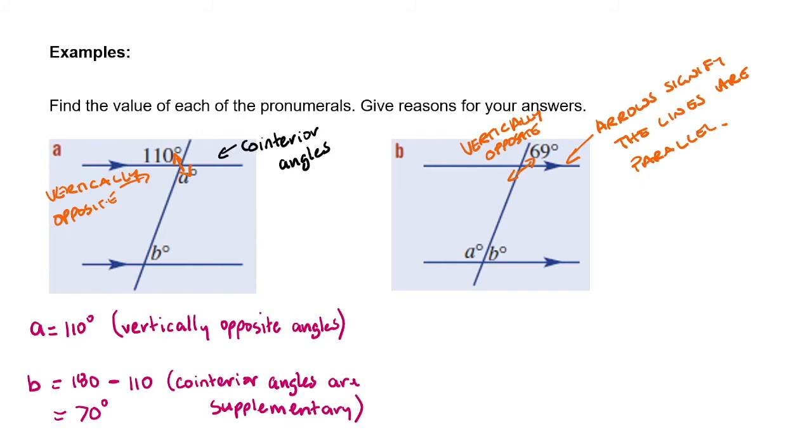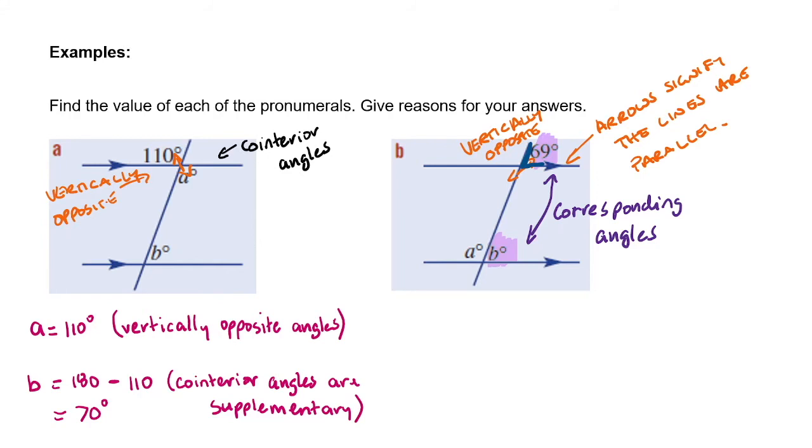But an easier way to look at this is that this angle here and that angle there are one of our three special angles. They are corresponding angles. Those two are corresponding angles, so they're in the same spot on our parallel lines.